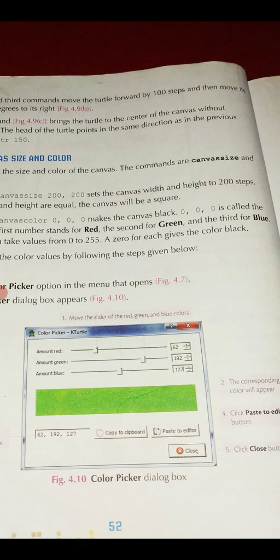In figure 4.7, you will get a picture where we get a color picker of different colors. From there, you can select it. Then step 3, the color picker dialog box appears in figure 4.10. So have a look in this picture. Here you will get the color picker.